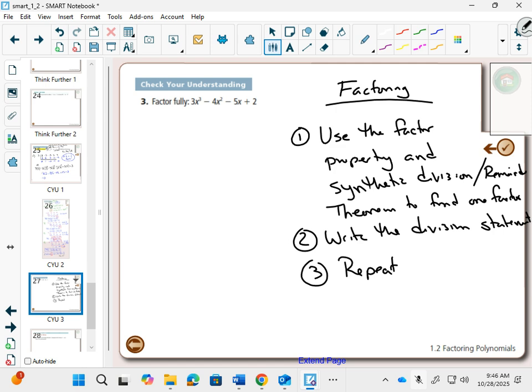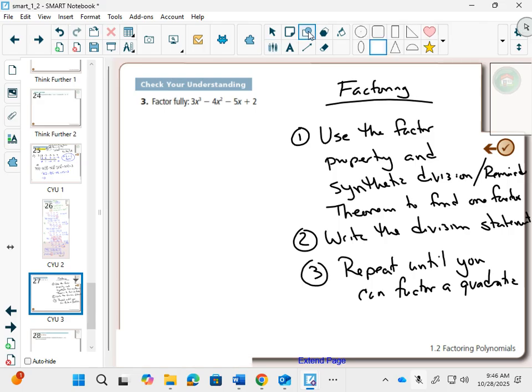Step three, you're going to repeat this process until you get a quadratic, which is an x squared. Because you might be asked to factor fully an x to the 4 or an x to the 5.